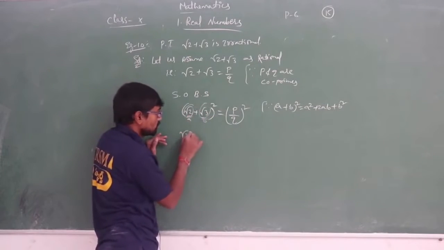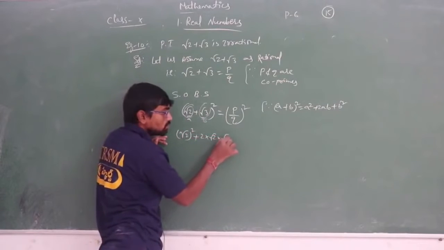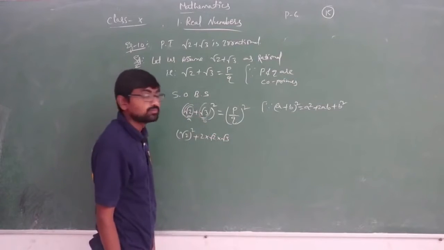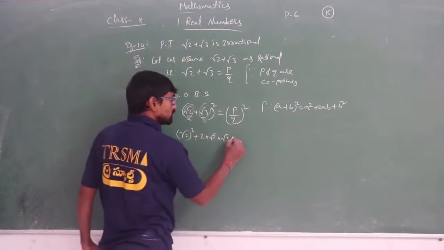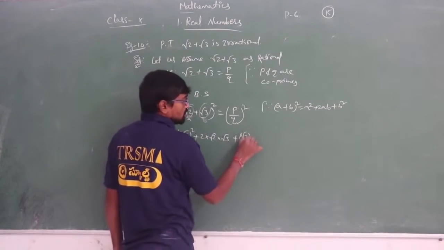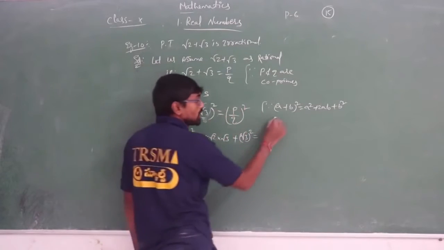a square is root 2 square, plus 2 into a into b, which is 2 into root 2 into root 3, plus b square, root 3 whole square, is equal to this. The square is applicable to both numerator and denominator. Why?